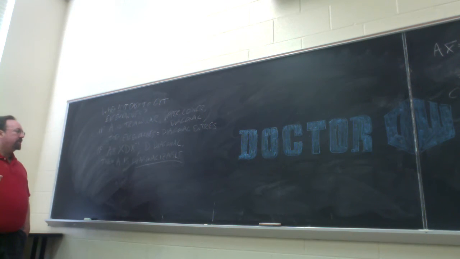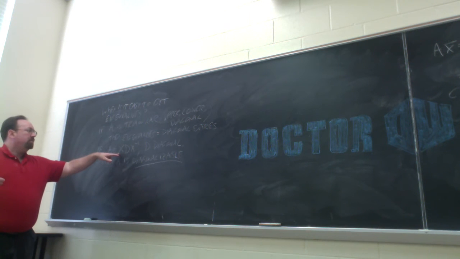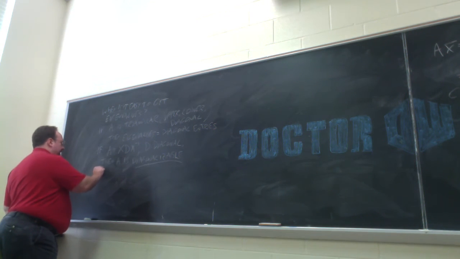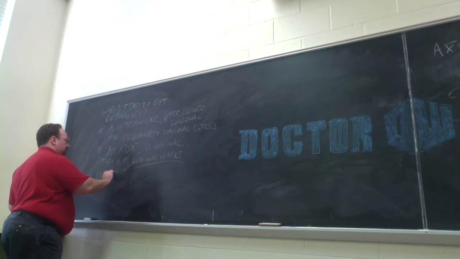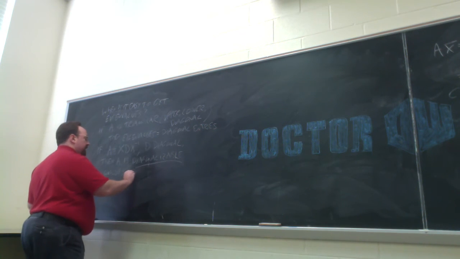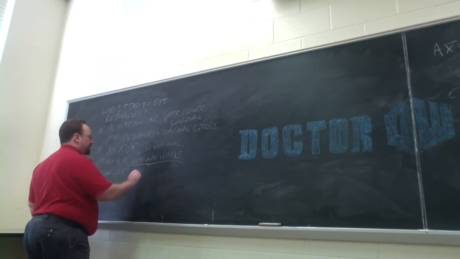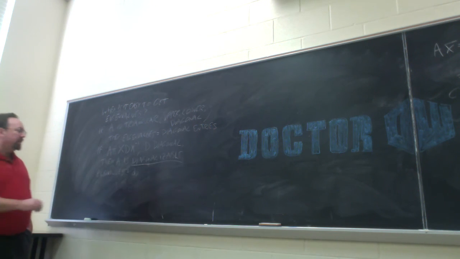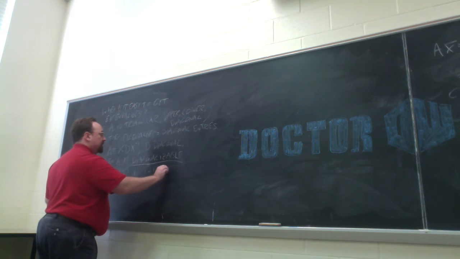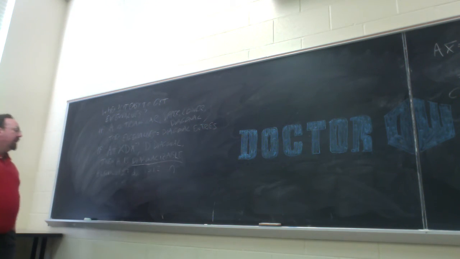Now, one consequence of this is that the eigenvalues in this case are equal to the diagonal entries of D, d_ii for i equals 1 to n. So we can just read them off the diagonal of D.